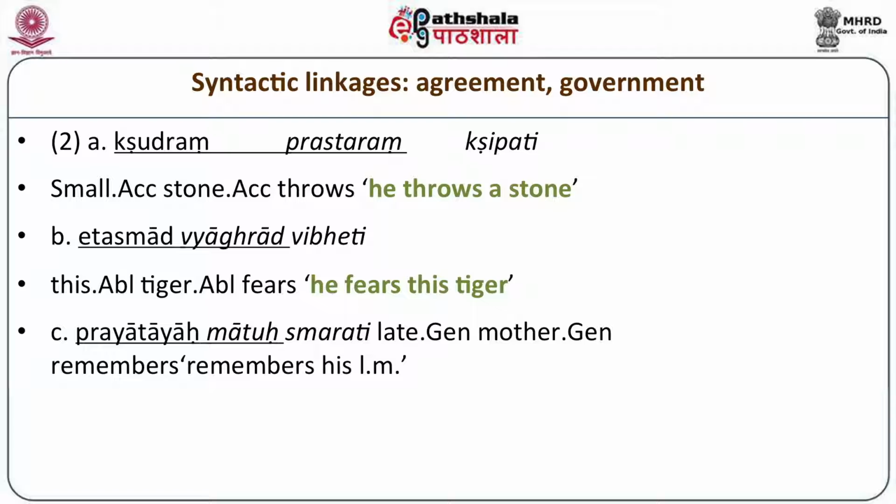The noun is a head, and the dependent may be an adjective like kshudram or a demonstrative. Agreement also links the verb to the rest of its construction. We've shown you 3 Sanskrit verbs. Kshipati, throws, which takes an accusative object. Vibheti, fears, which takes an ablative complement. And smarati, remembers, which takes a genitive complement.